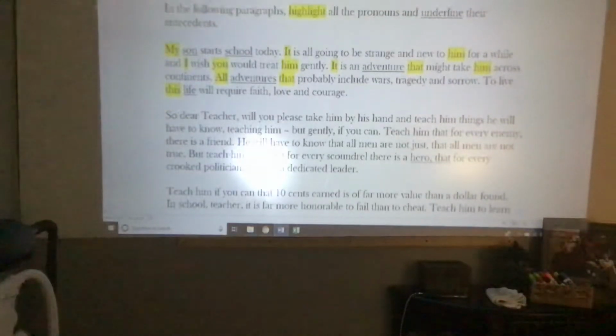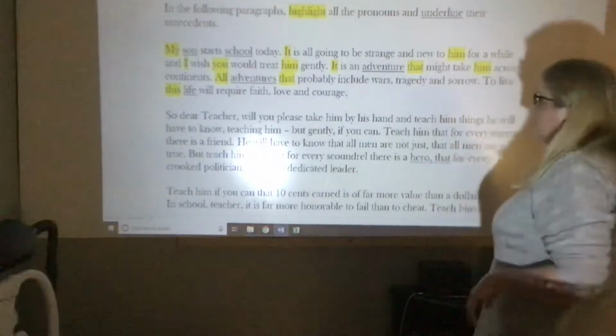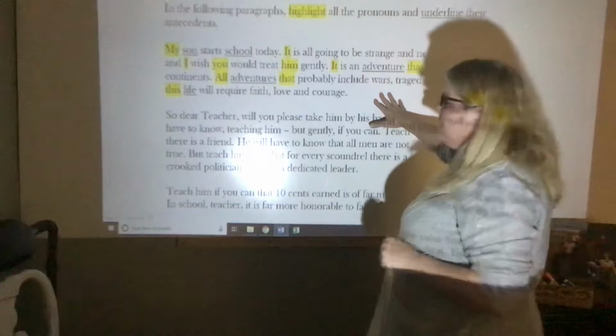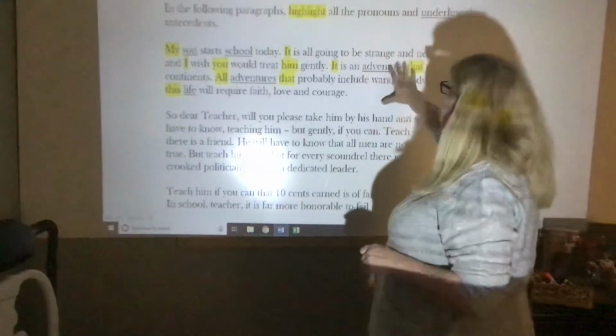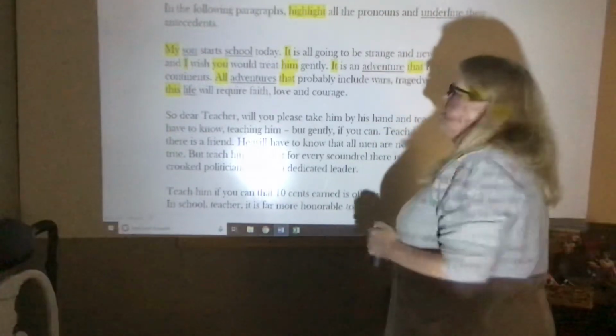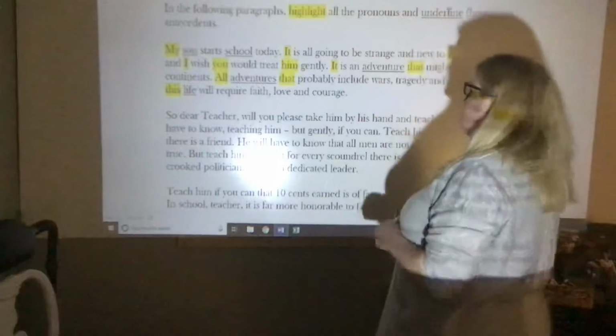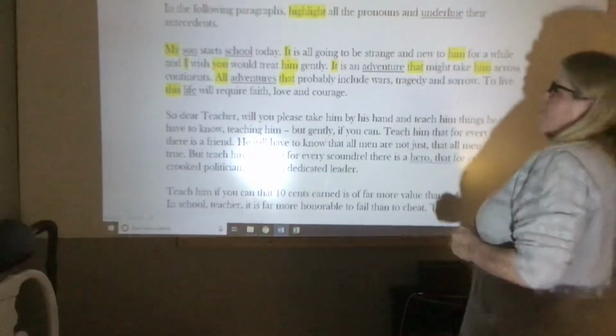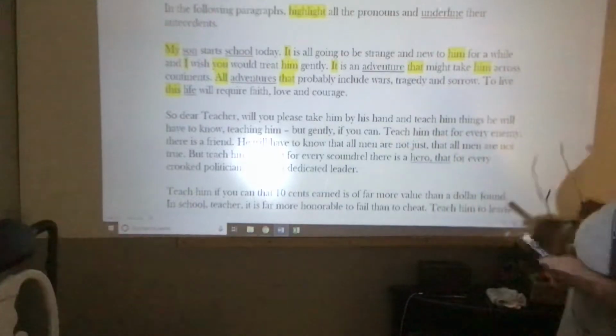So right now, in our practice, and this is the sample one, I want you to highlight all your pronouns. I did the first paragraph. "My son starts school today. It is all going to be strange and new to him for a while, and I wish you would treat him gently.